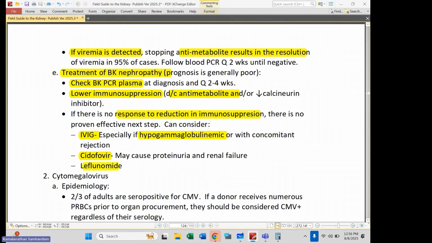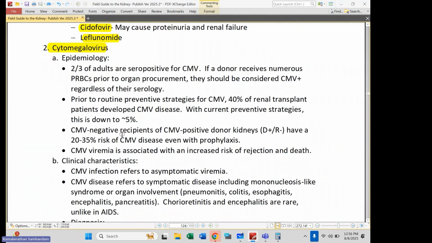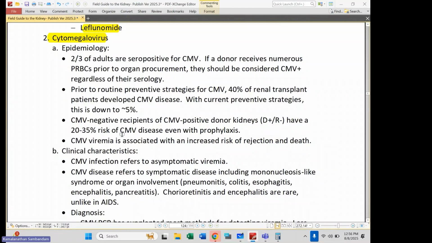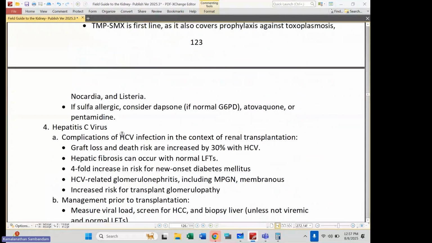Leflunomide, I talked about in our discussion on immunosuppression, is an old intervention that was tried back in the day. It's an immunosuppressant, and in vitro might have some antiviral effect, but nobody's really shown good data that reveals a positive effect of that drug. Questions about BK before we do a little preliminary?